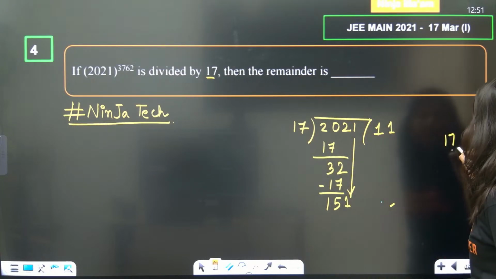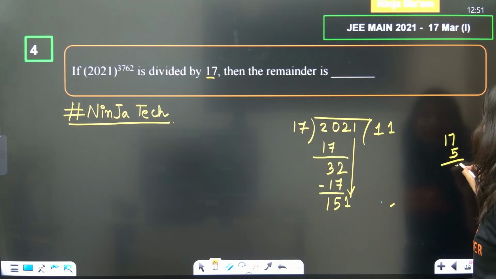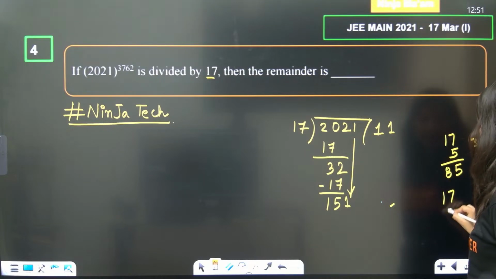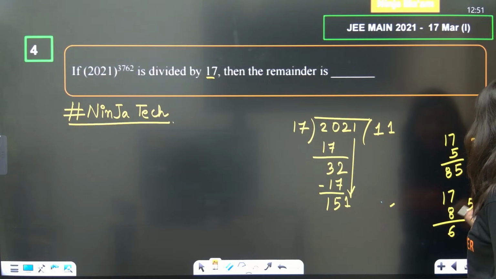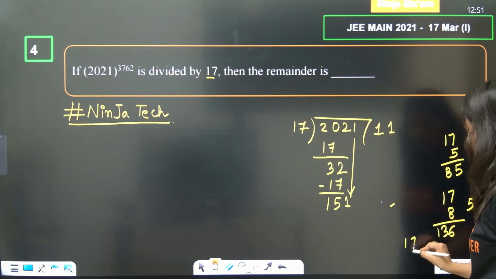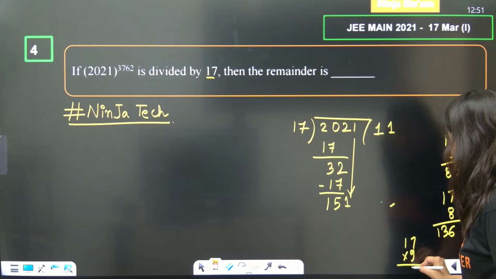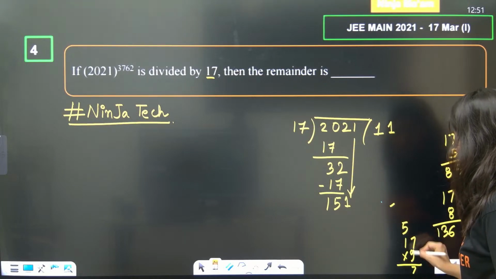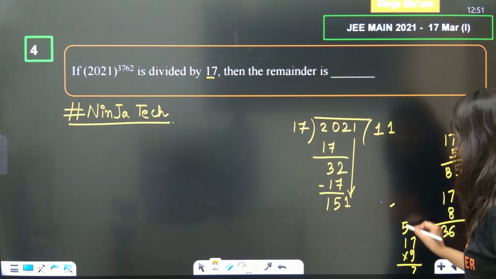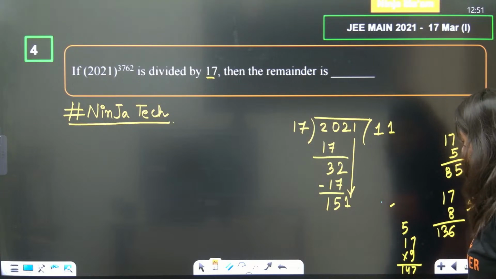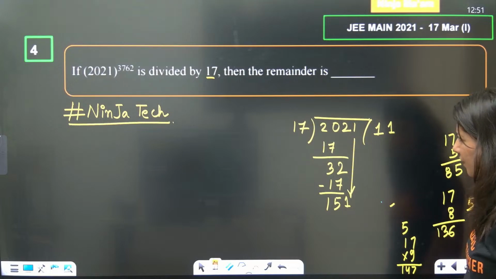Now 17 5s are, can anybody tell me, 7 5s are 35, 3 carry 5, 85. 17 8s are, 8 7s are 56, 136. 17 9s are, 9 7s are 63, 153. 17 9s are 147. So 4 is the remainder.